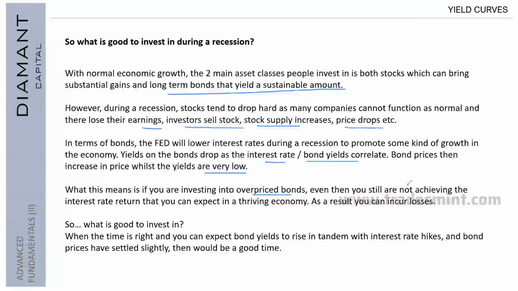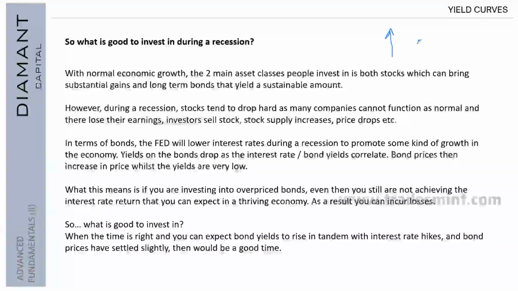So if it's a time of recession and you're investing into bonds, but bond prices have gone up because of the demand for them, and you say, okay, I'm going to be investing into a bond right now at the peak, it's something you truly need to consider. First of all, you're paying a very premium price for a bond that you could find at a discounted price, or even, before this all happened, it would have been the best time to buy that bond.